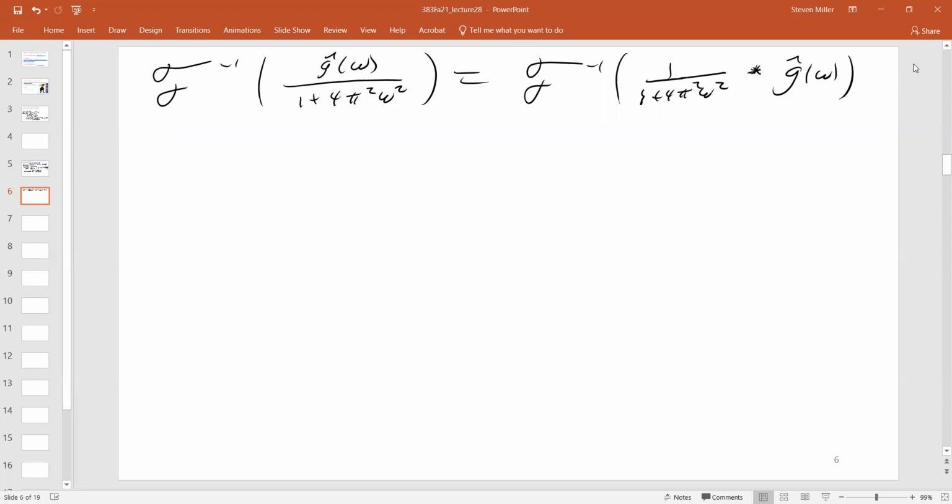So I have the Fourier inverse of a function times a Fourier transform of g.